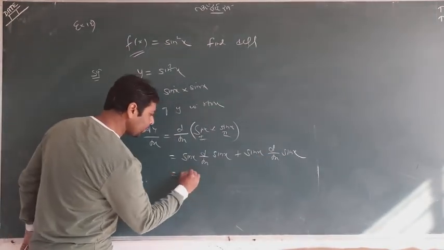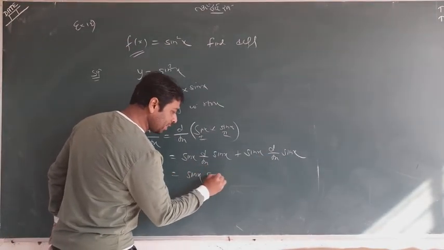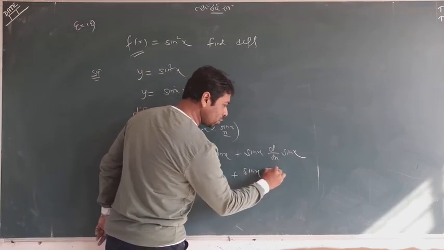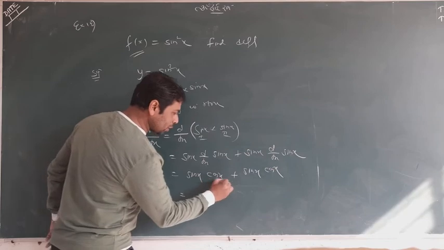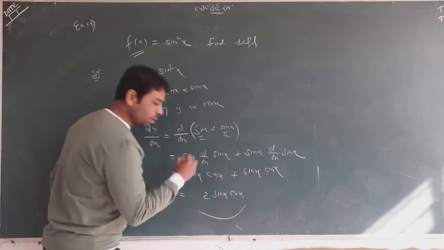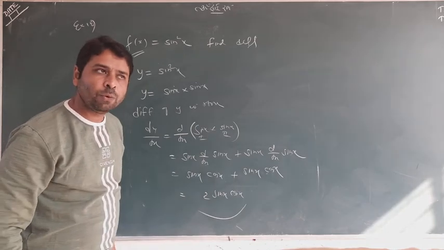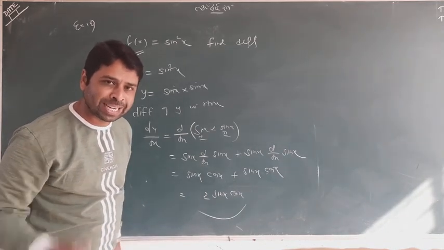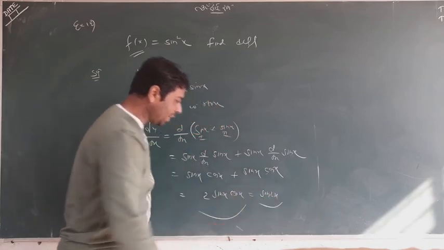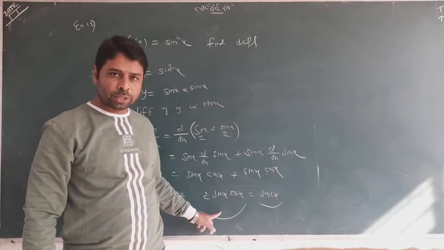Now the answer: sin x, dy by dx of sin x is cos x, plus sin x same, dy by dx of sin x is cos x. And sin x cos x plus sin x cos x is twice sin x into cos x. And that's the answer. And if you focus on the trigonometric formula, 2 sin x cos x is sin 2x. You can write the answer here or you can drop the answer right here, it makes no difference at all.